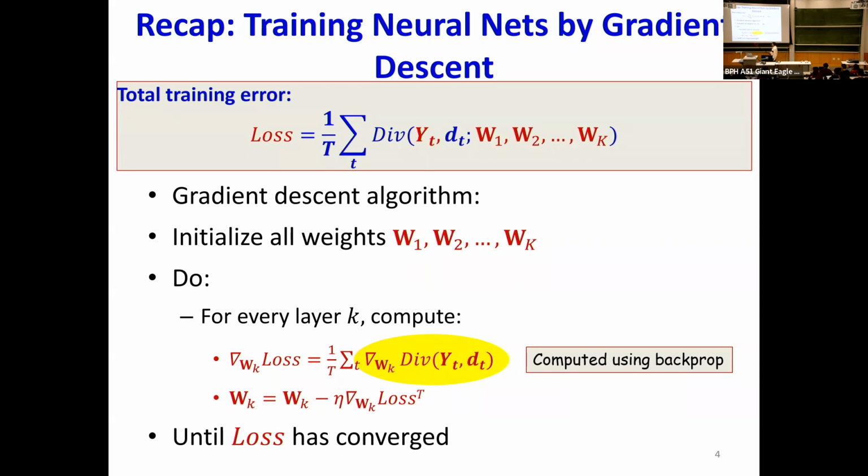And this term was then used in the gradient descent update. You basically update the network parameters against the gradient. And of course, this highlighted yellow term, which is the gradient of the divergence for the individual training instances with respect to network parameters, was computed using backprop.